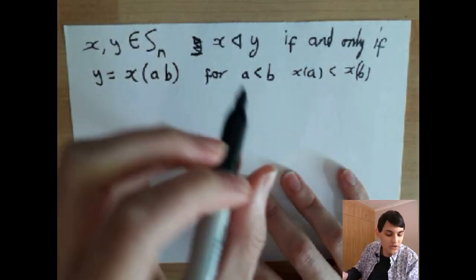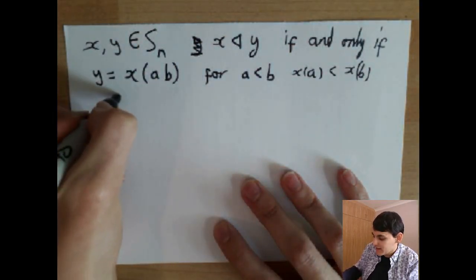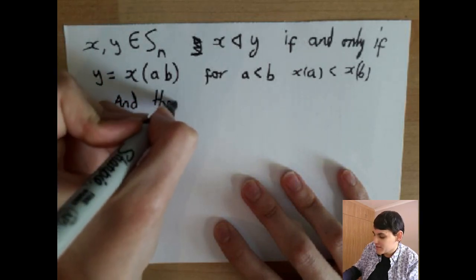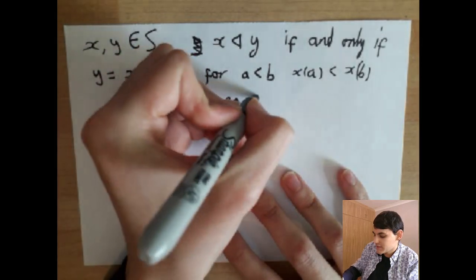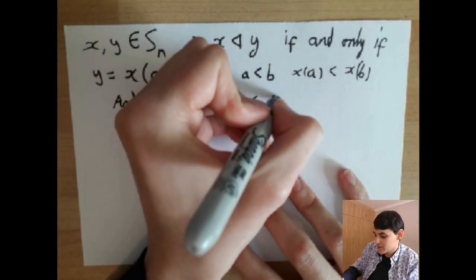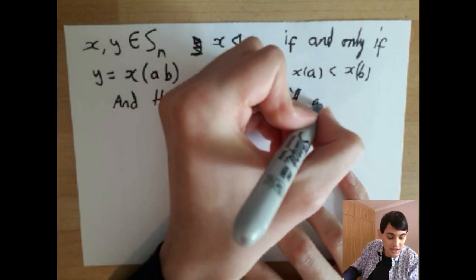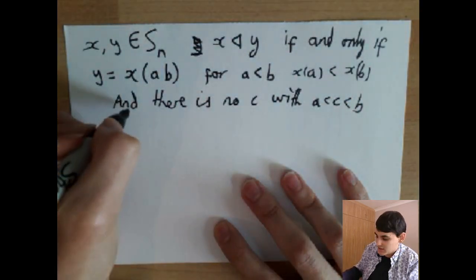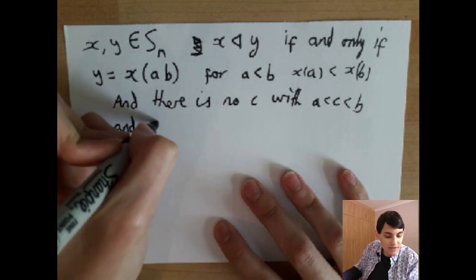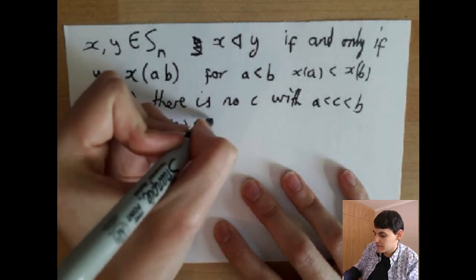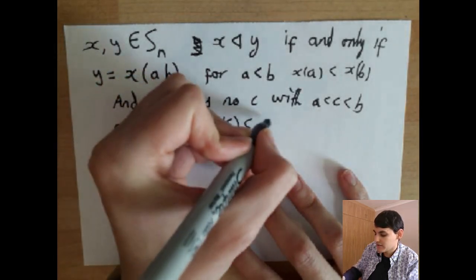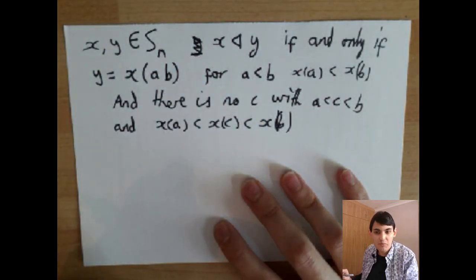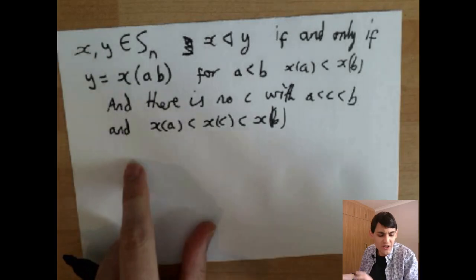And there is no C with A less than C less than B, and X of A less than X of C less than X of B. The proof of this uses something called inversion numbers.